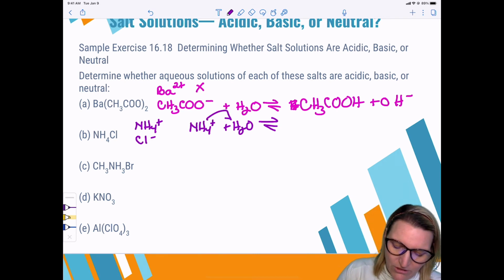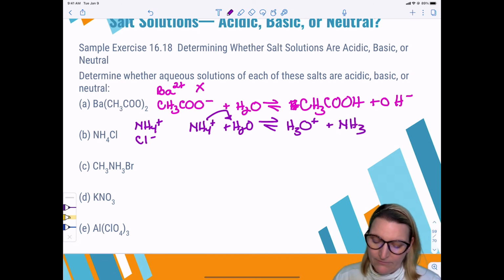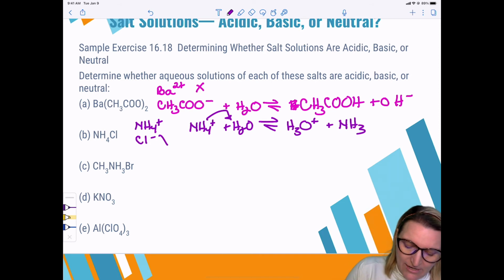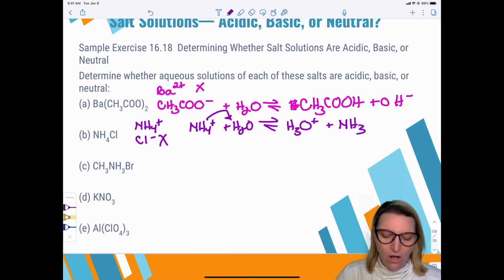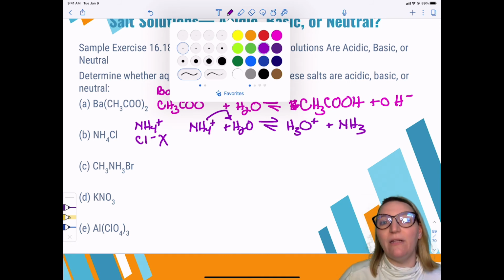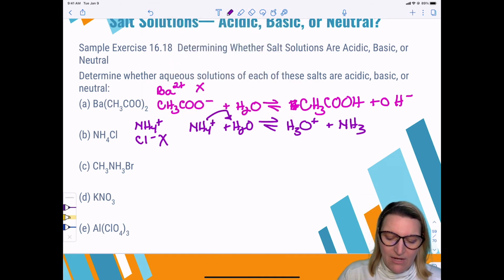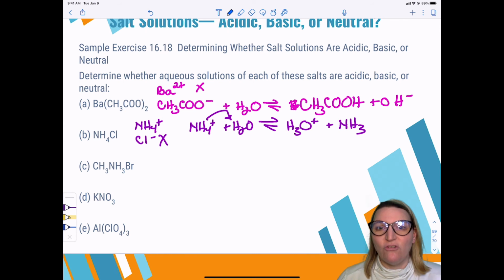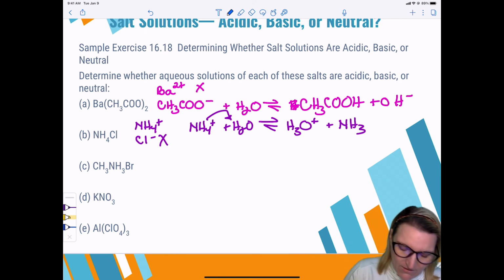So yes, it's going to donate a hydrogen to water. It's going to make H3O+ and ammonia, NH3. So that is an acidic solution. And of course, will Cl- react with anything? No, it's not going to react with the positive ion of water, because if it did, it would make HCl, which is a strong acid, and we know strong acids don't form.